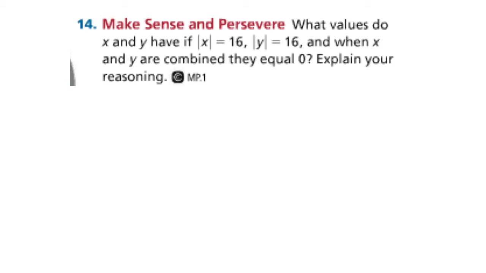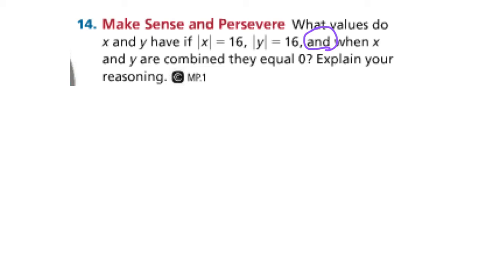Question 14. Make sense and persevere. It's a good thinking question. What values do x and y have if the absolute value of x is 16 and the absolute value of y is 16? And, being a keyword, when x and y are combined, they equal 0.